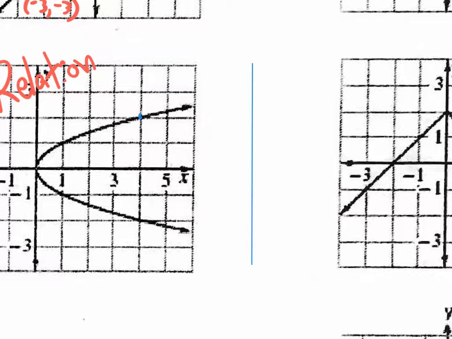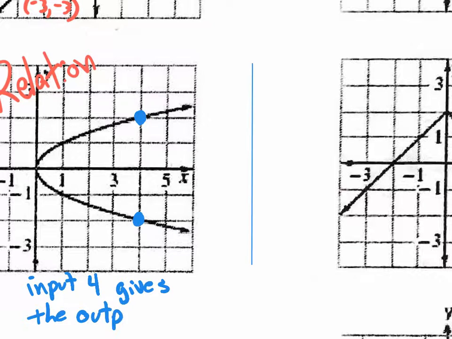Why is it broken? Because the input 4 gives the output what? -2 and 2. So you know the machine's broken. You plug in a 4 and you get out a 2. And you also get out a -2. So it definitely fails the vertical line test.